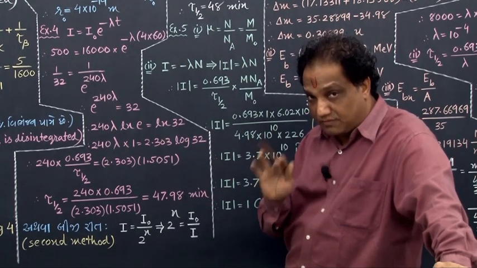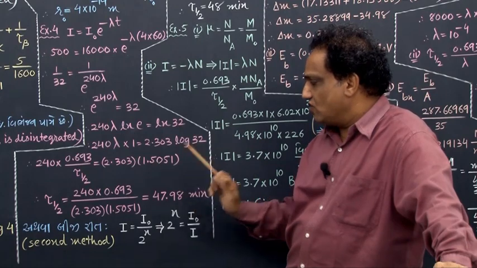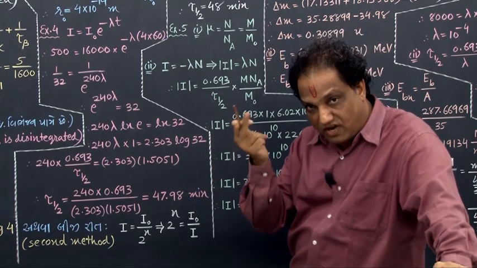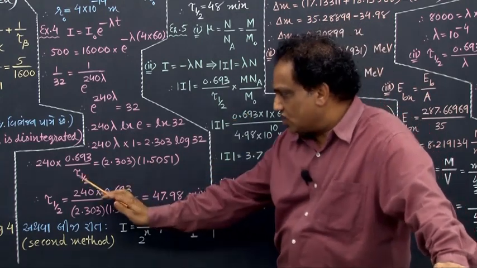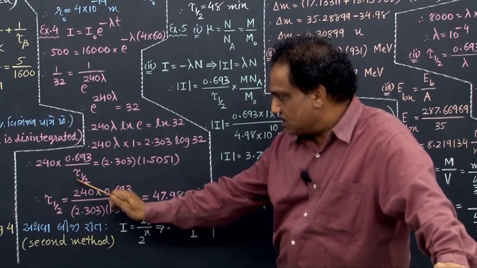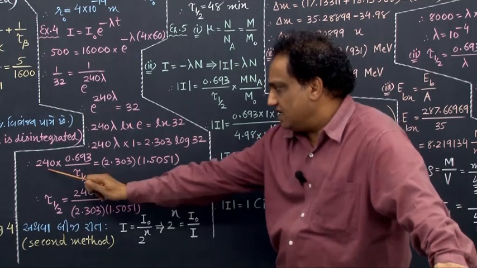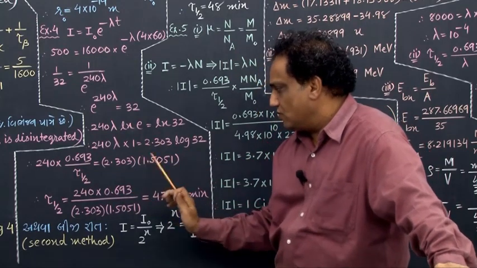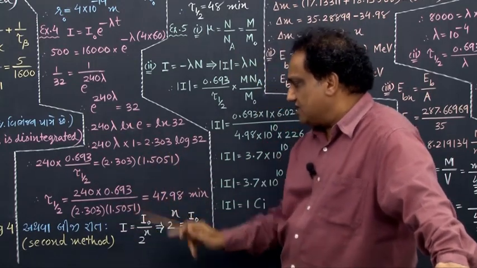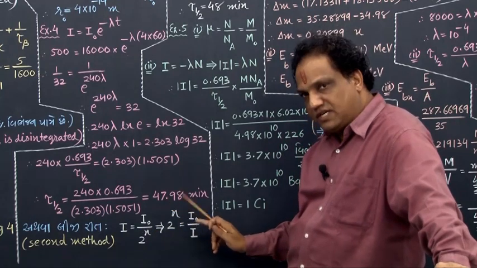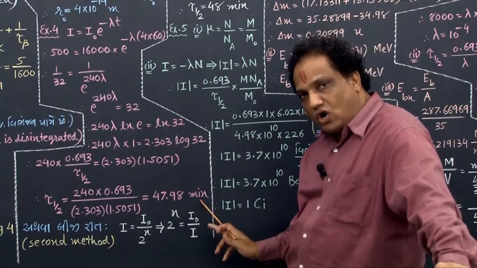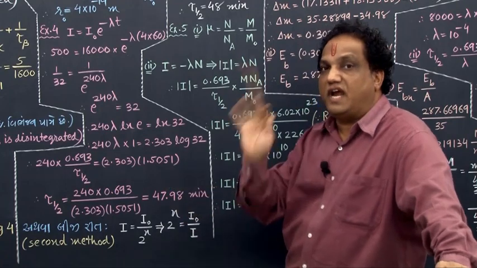It comes out to be 1.5051. Now make tau half the subject of the equation. It will be this into this upon this into this. Final answer is 47.98 minutes, or nearly equal to 48 minutes.